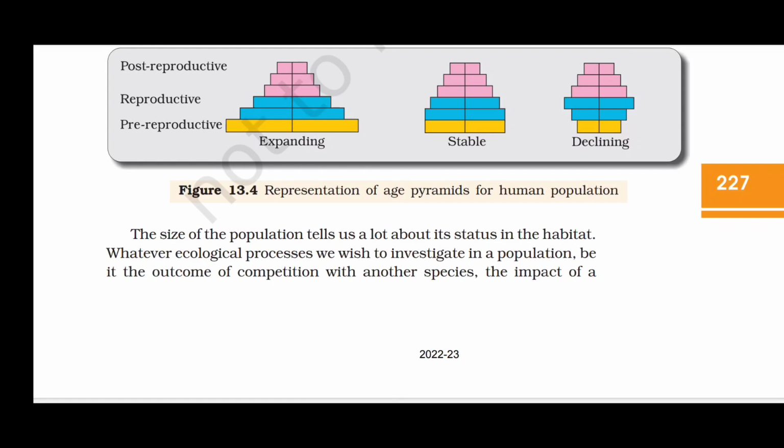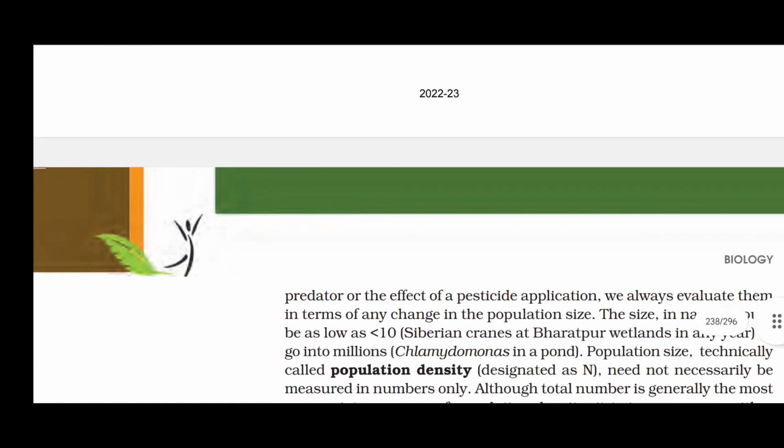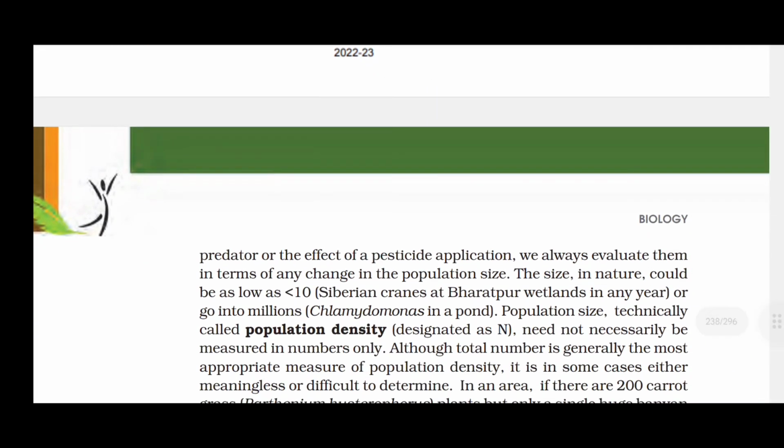Whatever ecological processes we wish to investigate in a population, be it the outcome of competition with another species, the impact of a predator, or the effect of a pesticide application, we always evaluate them in terms of any change in the population size.